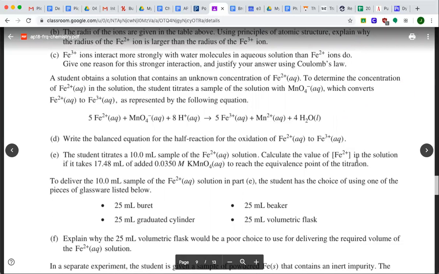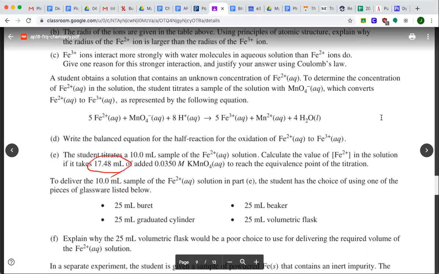And then the student titrates a 10 milliliter sample of Fe2+ aqueous. Calculate the concentration of Fe2+ in the solution if it takes 17.48 milliliters of added 0.0350 molar permanganate to reach the equivalence point of the titration. So you just calculate your number of moles here.